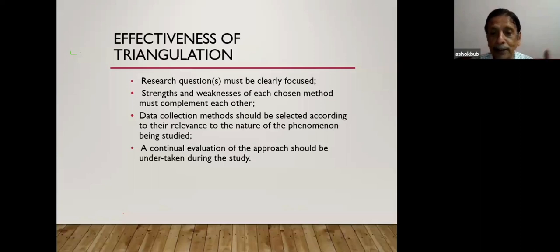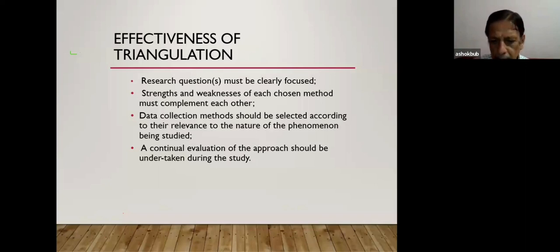Is it 10 years? 20 years? 50 years? 100 years? There are lots of archives available to provide information about that. So you should be very, very clear about what time frame to look into in order to understand the reality. That is where continual evaluation of the approach should be undertaken during the process.